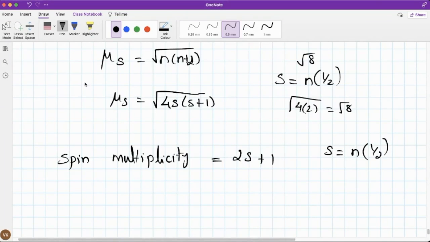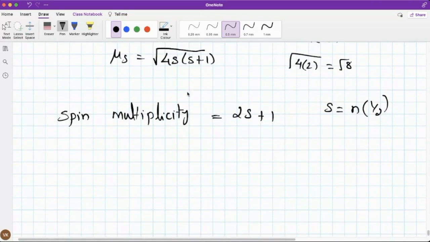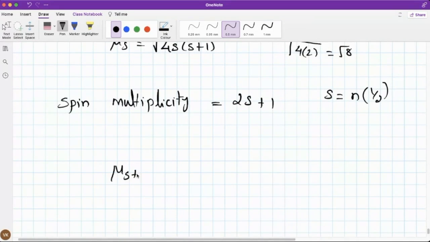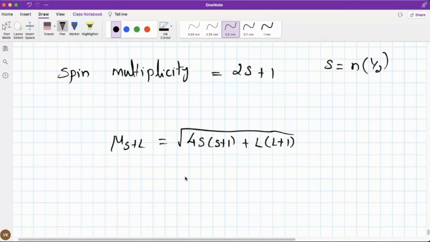This obeys for the first row transition metals. We are not going to see the second row, where the formula is different, because spin orbit coupling also happens. The formula will be root of 4S(S+1) plus L(L+1). This is just for your knowledge only; you may not have problems based on this.